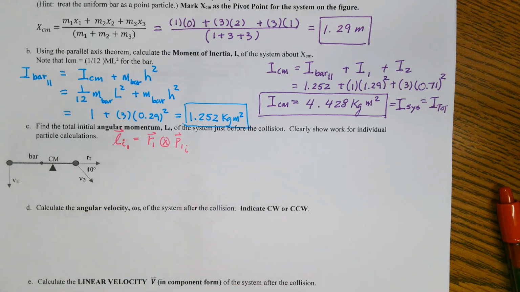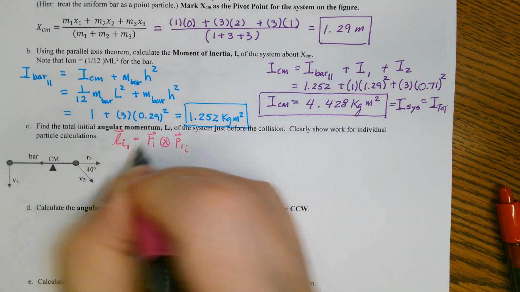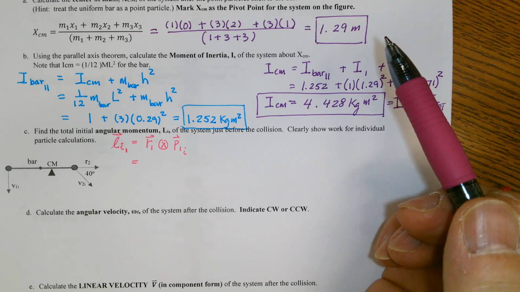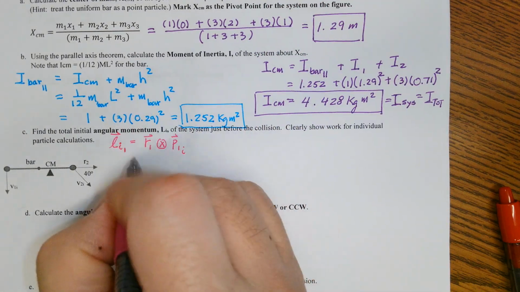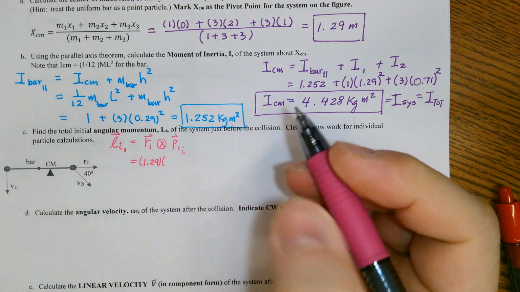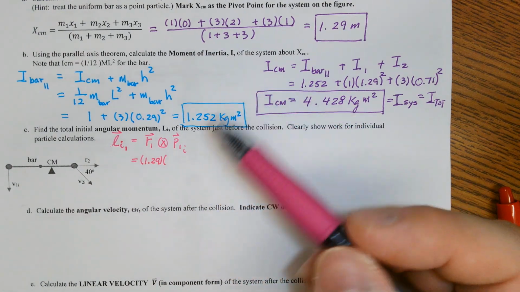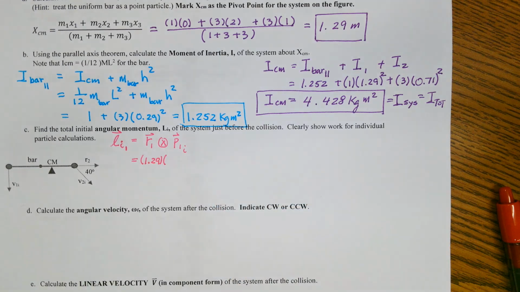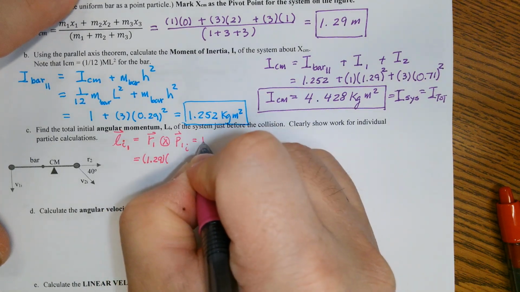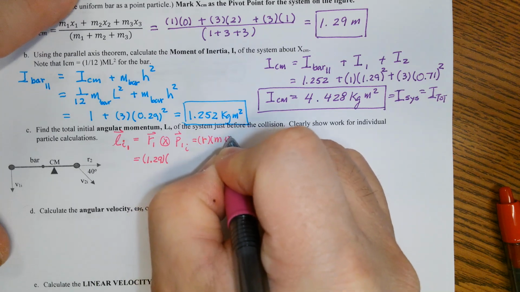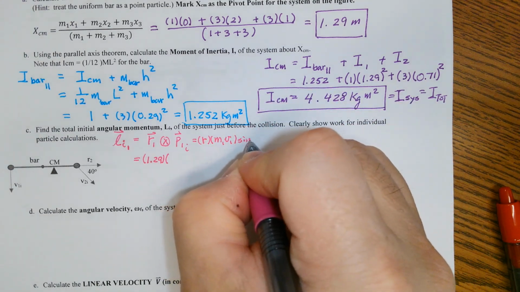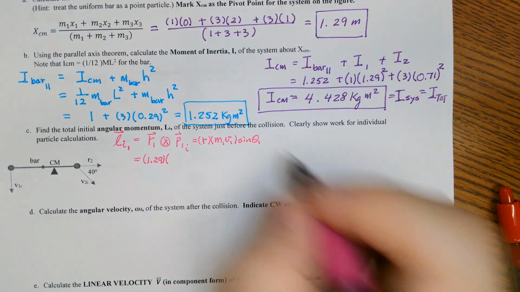Now, you know that this is a cross product, right? So if we look at R1, which happens to be 1.29 meters from here, times P, which is basically mass times velocity, this is R times M1 V1 times sine of theta 1, n hat.